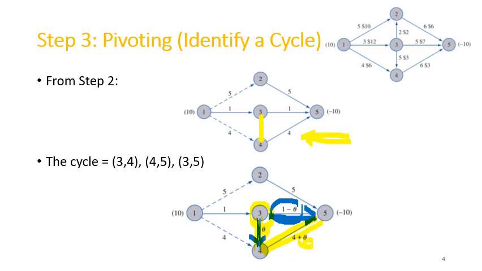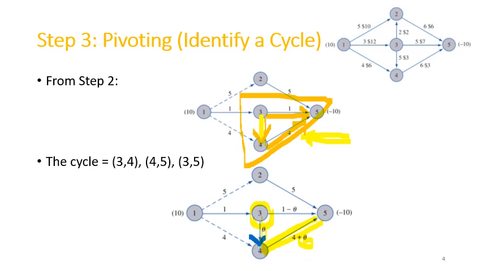First, you identify a cycle, and then on that cycle you work on the logic. Here you need to increase by theta, which has a consequence: this is also increased, and the other consequence is that here the flow will be reduced by as much as theta. Okay, so now the problem is we need to check how much theta should be.